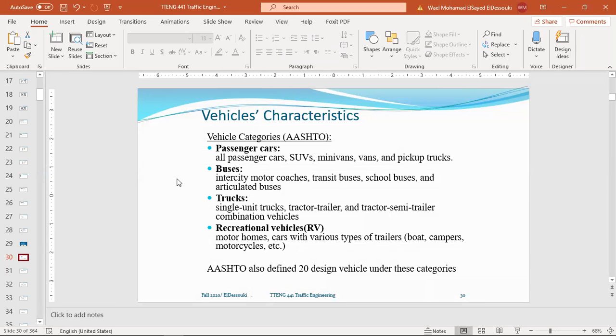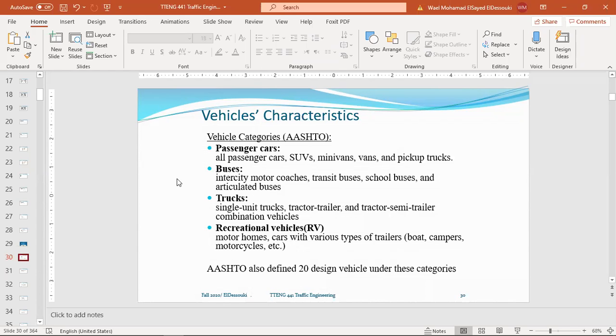The last category is recreational vehicles. What does this category refer to? It refers to motorhomes, campers, motor campers, and cars with various types of trailers. For example, a passenger car towing a boat trailer, or a trailer carrying a motorcycle.